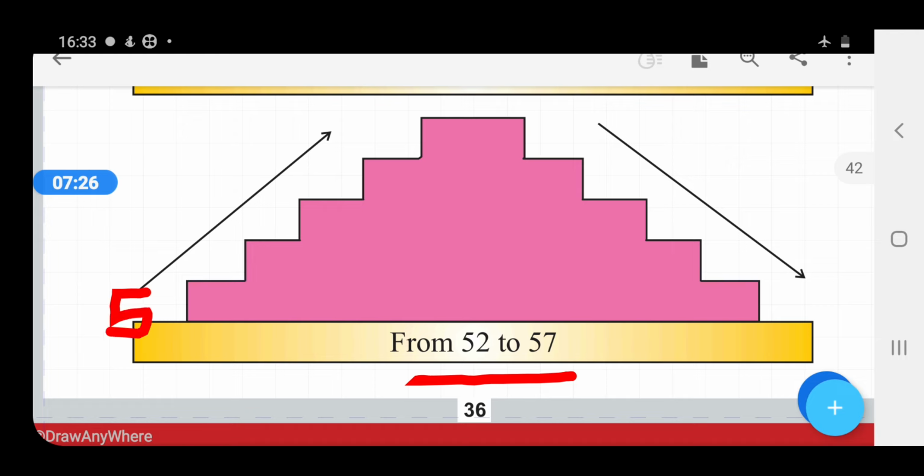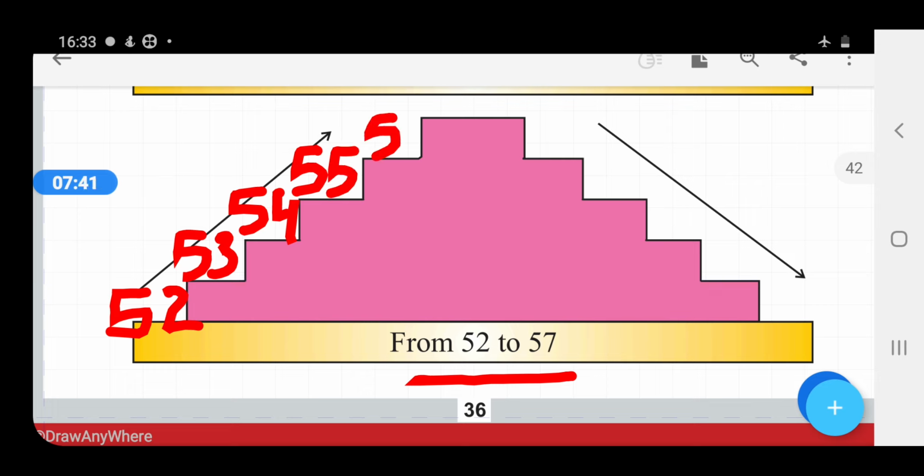52, 53, 54, 55, 56, 57, and now in the right side, what comes before 57?